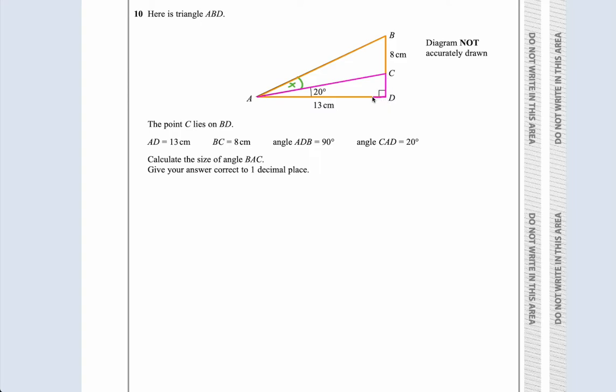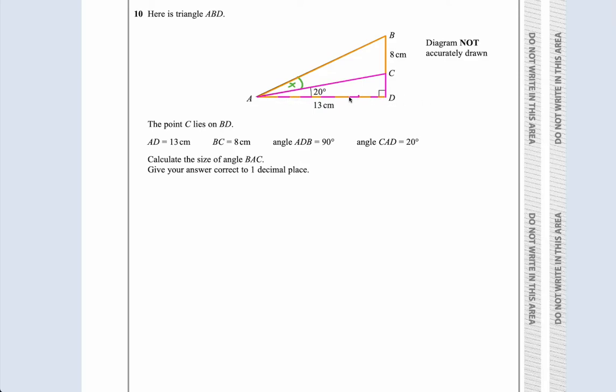I'll make that half pink, half orange, just so it's clear, that's for both.